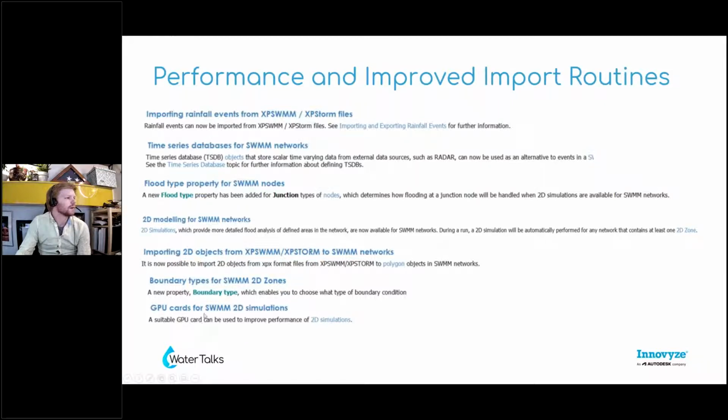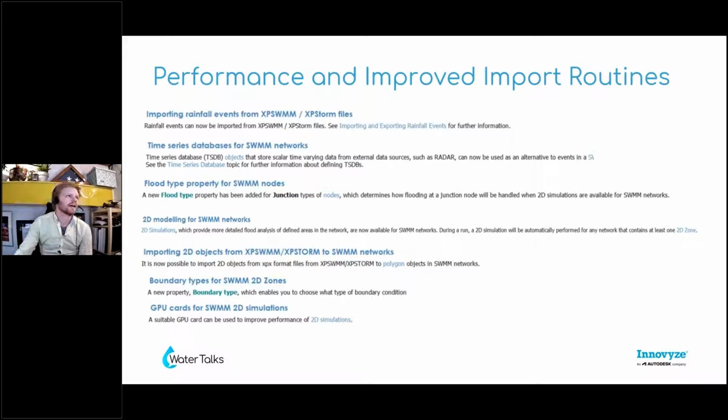And then probably one of my favorites, a huge acceleration in performance over the classic XPSWM licenses, where it's just able to use the CPU. There is a GPU add-on, but a lot of people don't have that. InfoWorks ICM and the SWM engine within it automatically comes with that capability, so being able to speed up the simulation can be really beneficial.